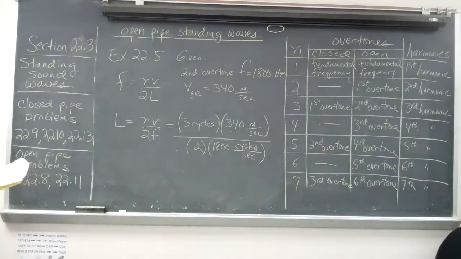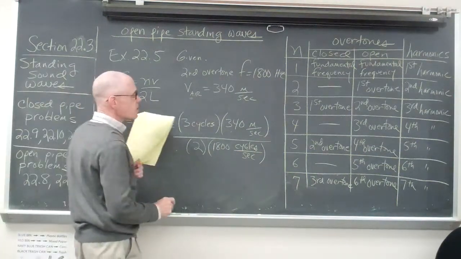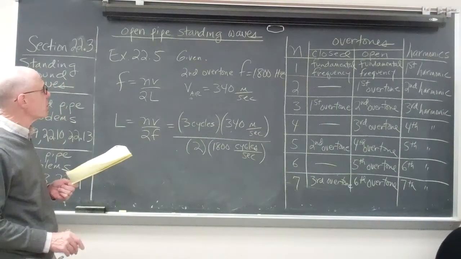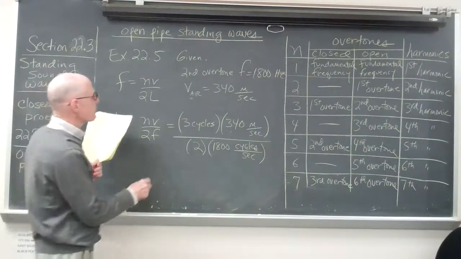And as we've discussed before, I would not enter the frequency as 1800 hertz. I would enter it as 1800 cycles per second. That way you can do an analysis of the units and make sure they turn out okay. Because if the units don't turn out, then you have not manipulated the equation properly, or you've done something else not quite right.